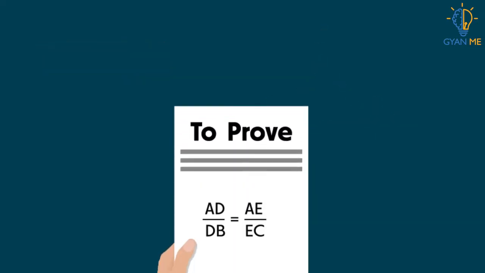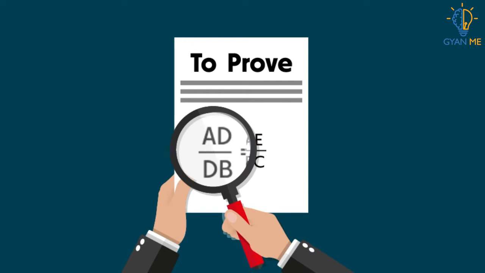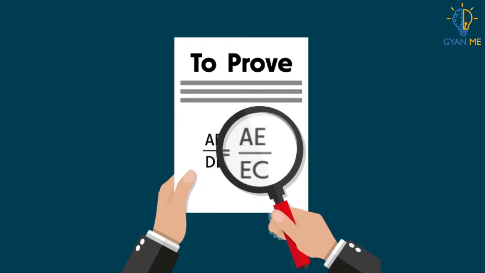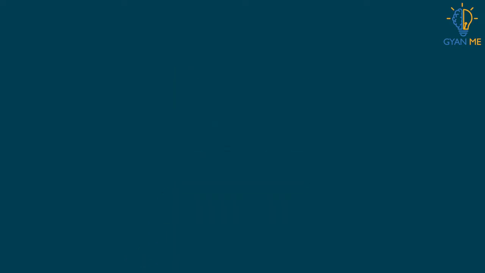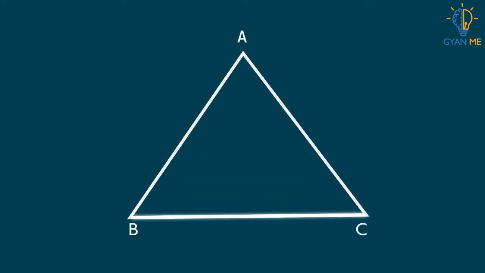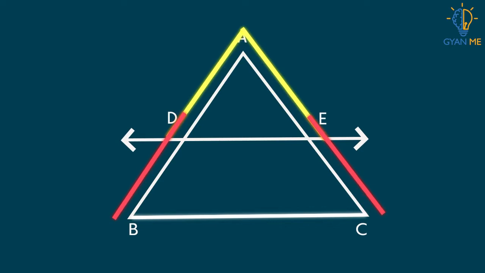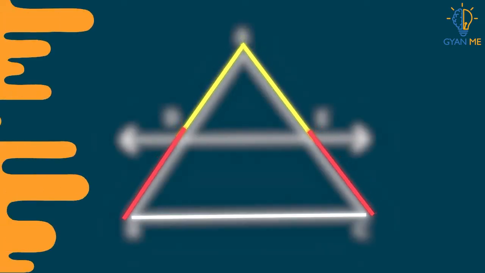So what we have to prove is that AD upon DB is equal to AE upon EC. In simple words, when a line cuts both these sides, it divides both the sides in equal ratio.